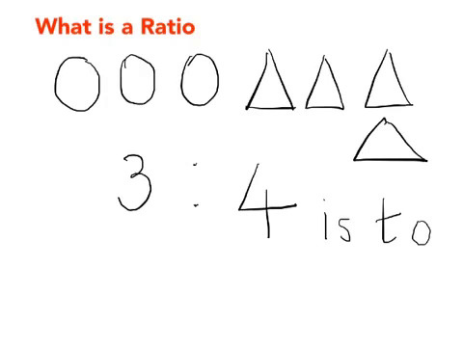Now how do we read the whole number with the colon together? 3 is to 4. So when I say 3 is to 4 and I use the circles and triangles along with that, it means I'm comparing the number of circles I have with the number of triangles that I have, and the ratio is 3 is to 4.